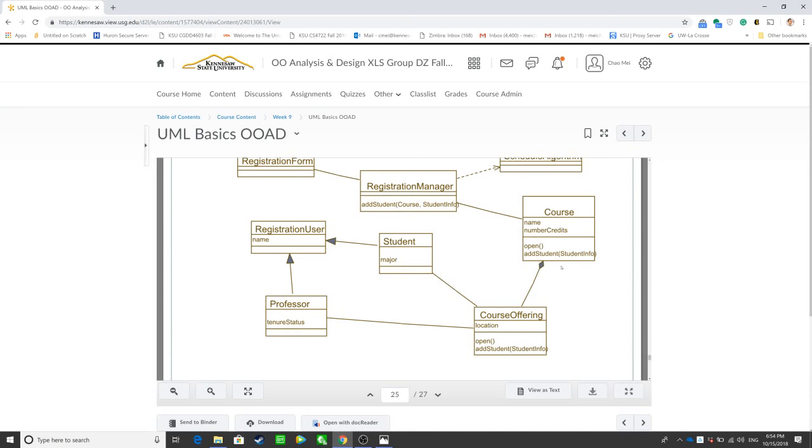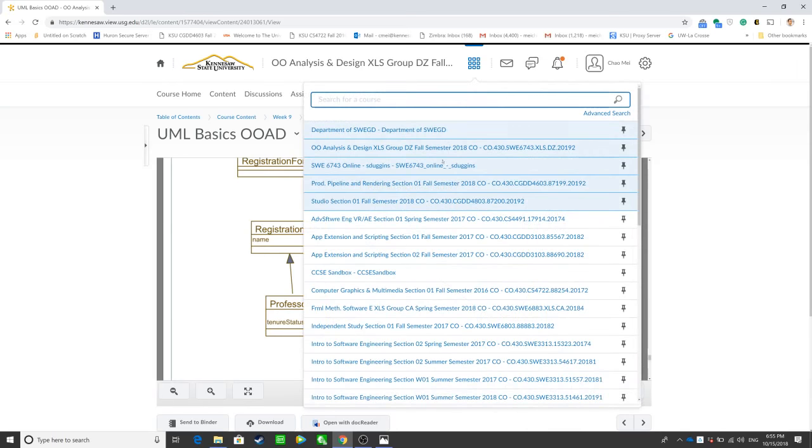Okay, maybe we have another example right here. The course is the owner, and the course offering. Course is an abstract class. Maybe not abstract class, it's more abstract. It's a course, like SWE 6743. I forgot the course number. Okay, course SWE 6743.